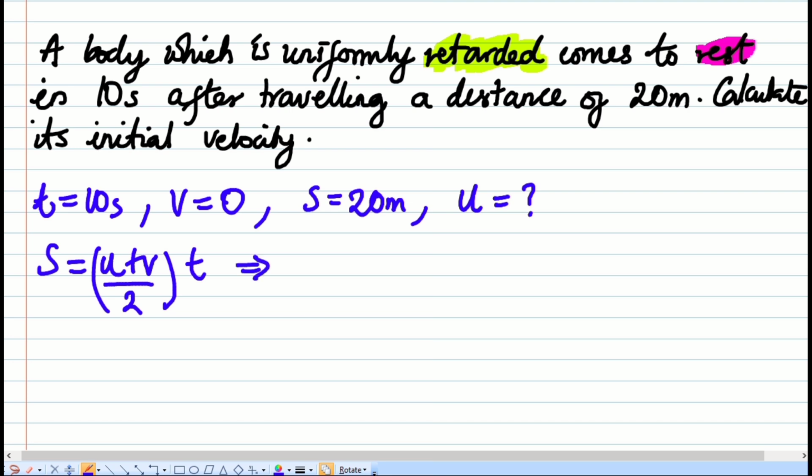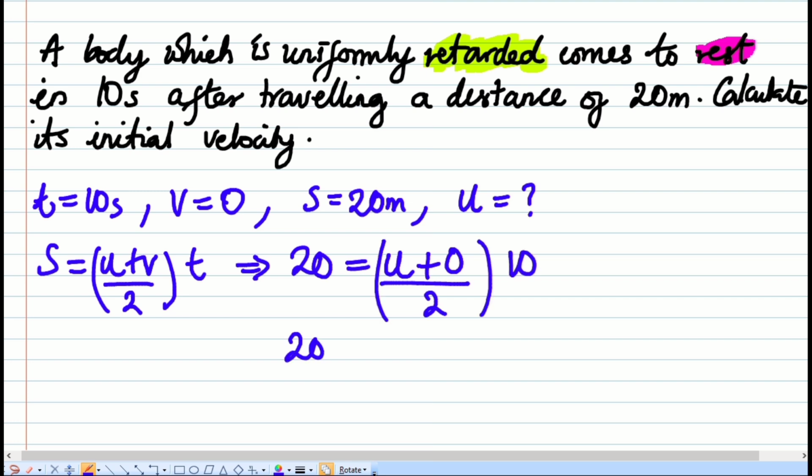Let's substitute. s is 20, so 20 is equal to u, which we are looking for, plus 0, because the final velocity is 0, over 2, times time, and time is 10 seconds. So 20 equals u plus 0, which is just u, over 2, times 10. We can cancel out: 2 into 10 is 5.